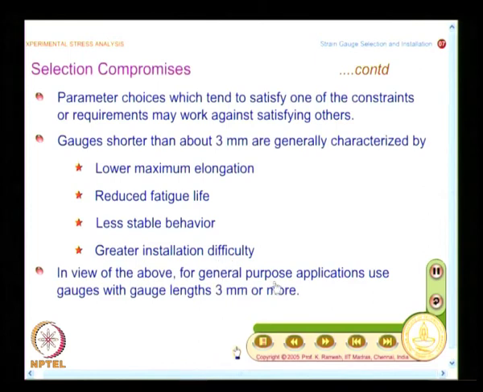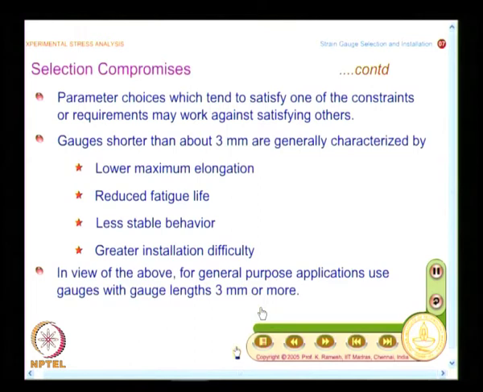So, the recommendation here is, when you go for a smaller gauge length than required, then you need to face these kinds of difficulties. So, the thumb rule is, for general purpose applications, use gauges with gauge lengths of 3 millimeters or more. This is the thumb rule, and if it works, be happy with it.